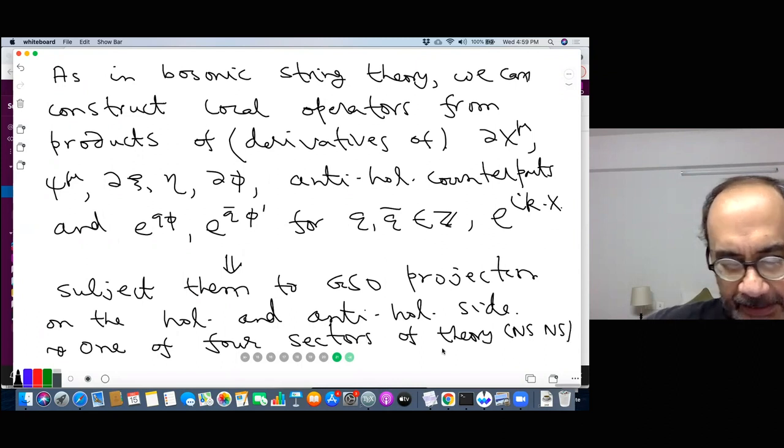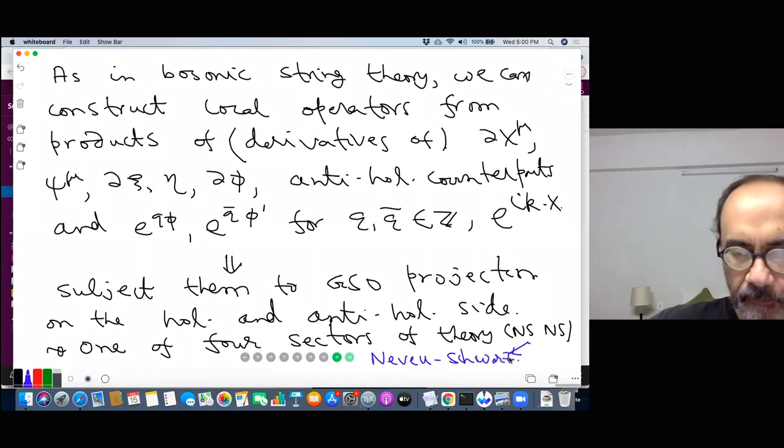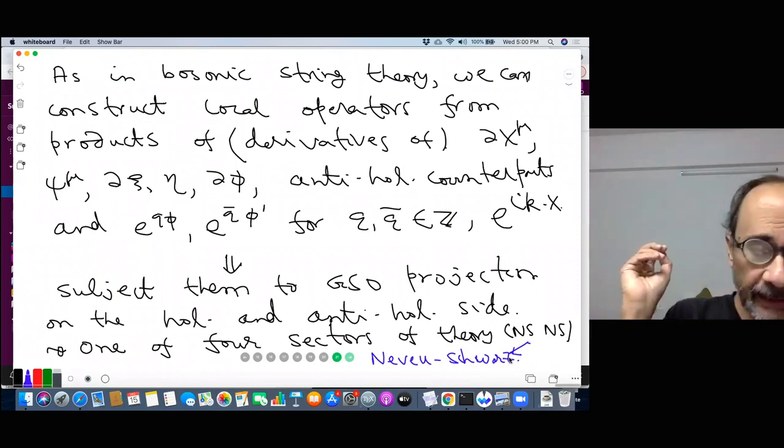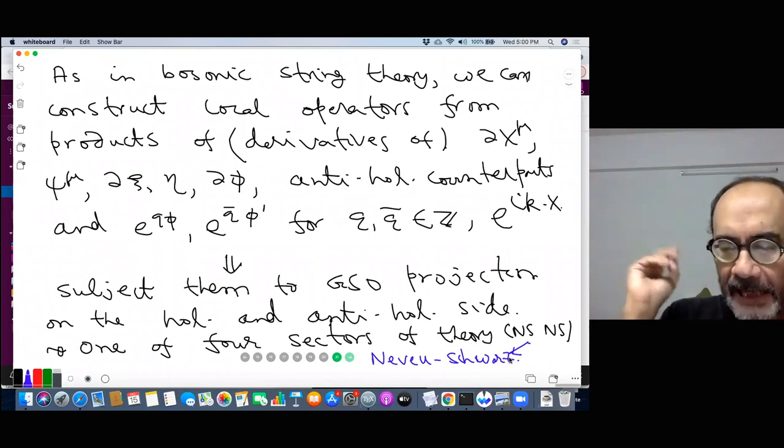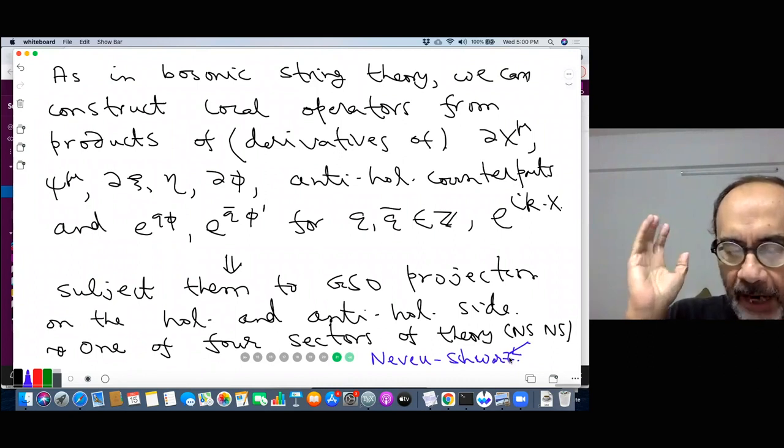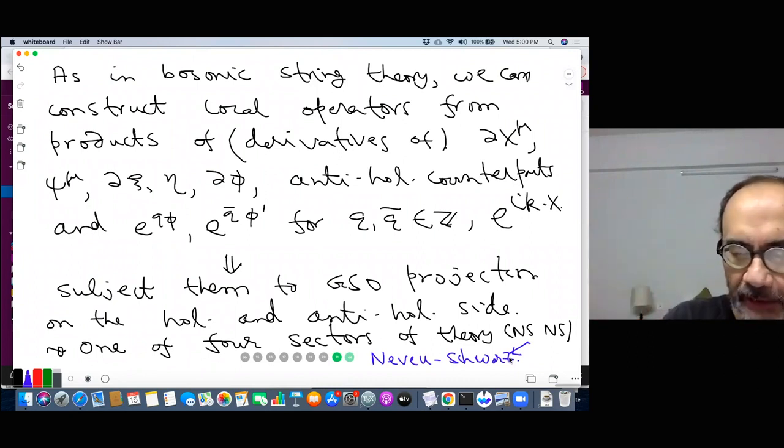NS here stands for Neveu-Schwarz. So there are 3 other sectors, which are called NSR, R stands for Ramond, RNS and RR. I'll now describe what those other sectors are.